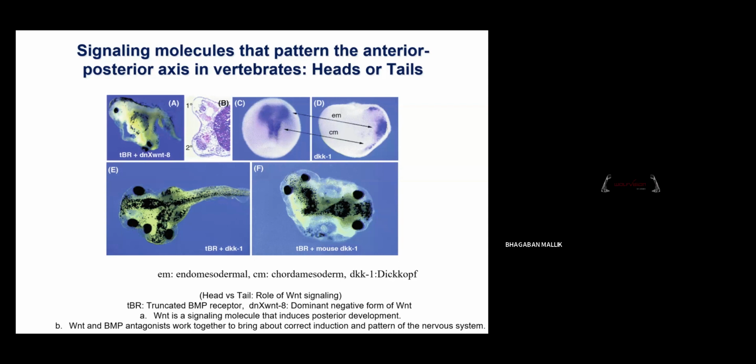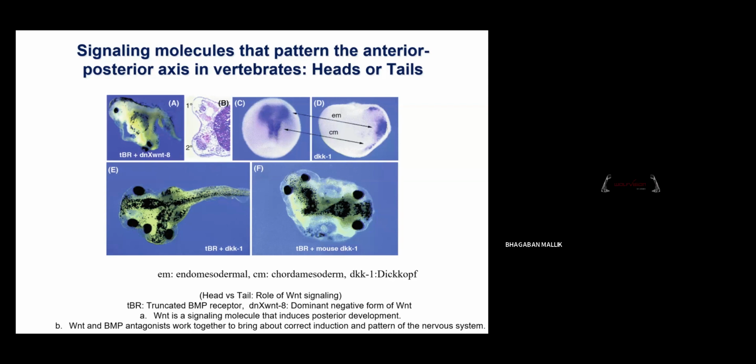There must be some kind of signal, some kind of morphogen that is defining the anterior-posterior patterning, that is defining the head or the tail. So here is a set of experiments done in the Xenopus frog embryo to find out what signals define anterior or posterior development.